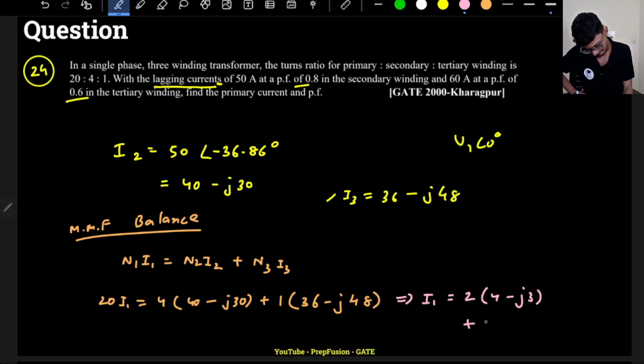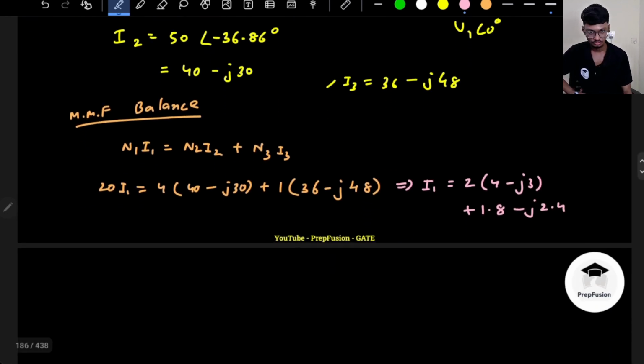So my I1 will be 8 plus 1.8, so 9.8, and minus 6 and minus 2.4, so minus 8.4, that is 9.8 minus J8.4.